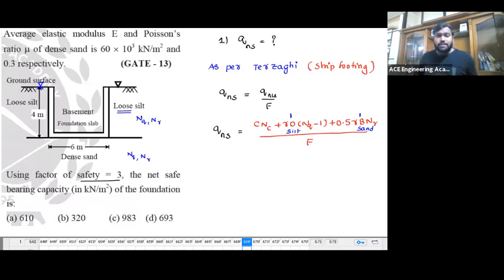No. The resistance of soil above the footing is ignored, which means the soil above the base of footing will act as a surcharge only: gamma dash of silt into D, that's it. It won't create NQ, N gamma, so we should not use NQ, N gamma or NC values of loose silt.